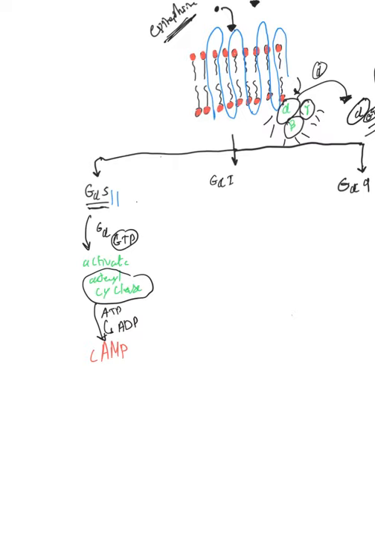So the cyclic AMP would activate PKA, which is protein kinase A. And protein kinase A phosphorylates other cascades or other molecules until it reaches the nucleus.